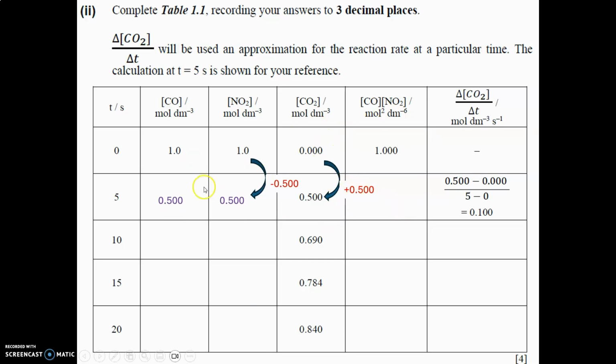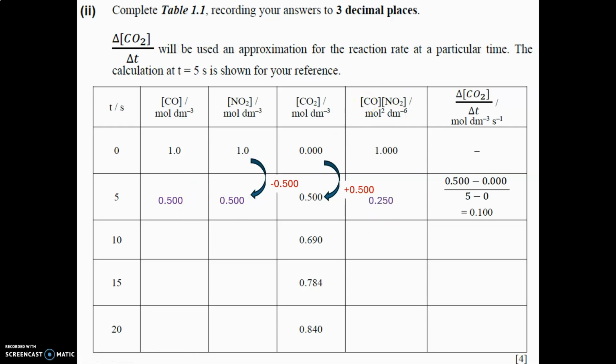So from t equals 0 seconds to t equals 5 seconds, my carbon dioxide concentration has increased by 0.5 mole per dm cube. So my concentration of both my reactants has decreased by the same amount to give me both 0.500 mole per dm cube. Then for this column, I'm just going to multiply these two concentrations at the particular time.